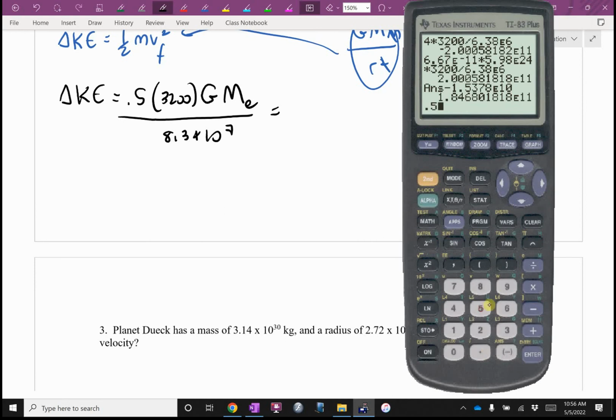It's going to be 0.5 times 3200 times 6.67 times 10 to the negative 11 times 5.98 times 10 to the 24th divided by 8.3, scientific notation button, 7. Look for typos, Mr. Dewick. That looks good, that looks good, that looks good, that looks good.